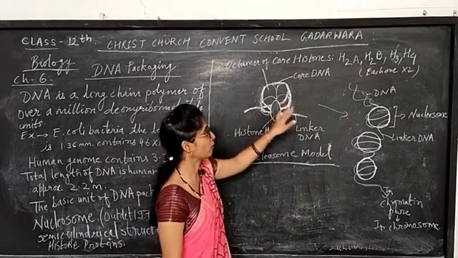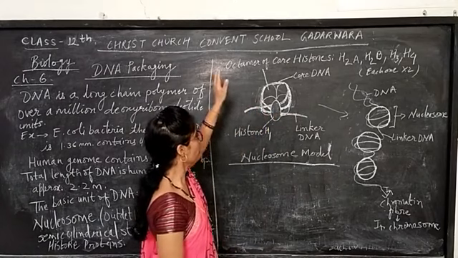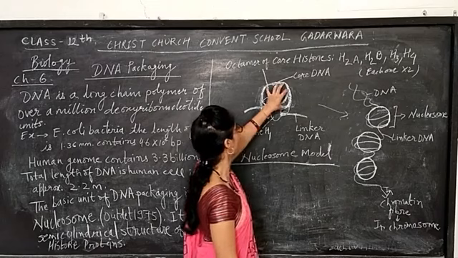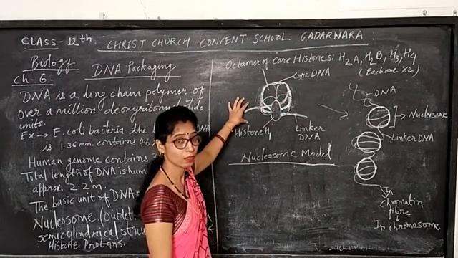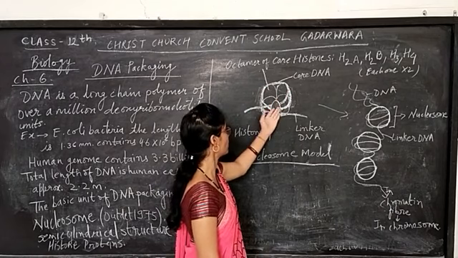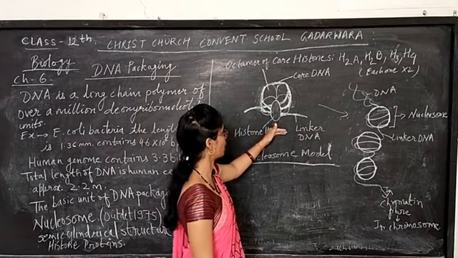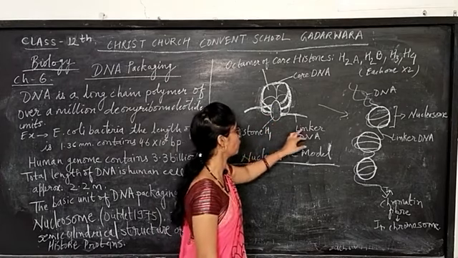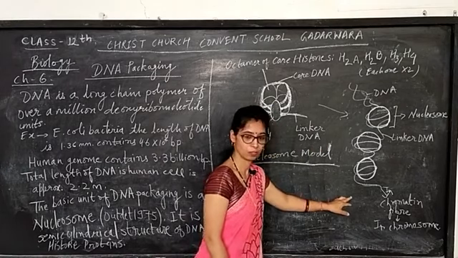There are 5 types, in which 4 types are doubled and form the core of the octamer, and the other one is H1, which is on the outer side of this octamer. They form the nucleosome model.